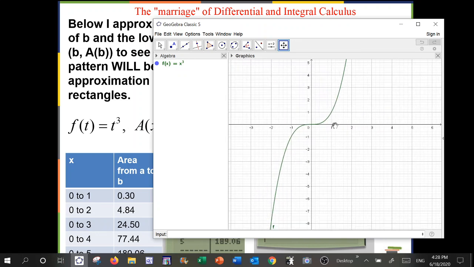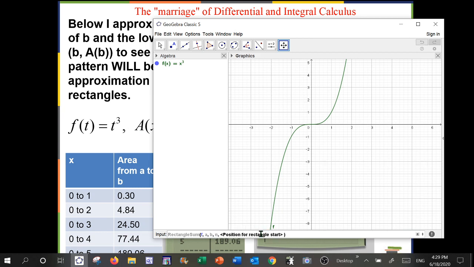There you go. And what I'm going to do with GeoGebra, I'm going to create the area under it by approximating it. To do that, I use a command called RectangleSum. If you start typing RECT, you see it right there. So that's the rectangle sum, and the function is f, and I'm going to go from A to B. How many rectangles?